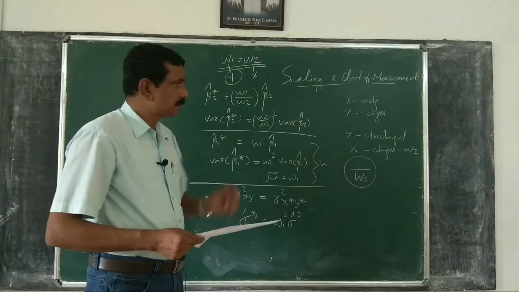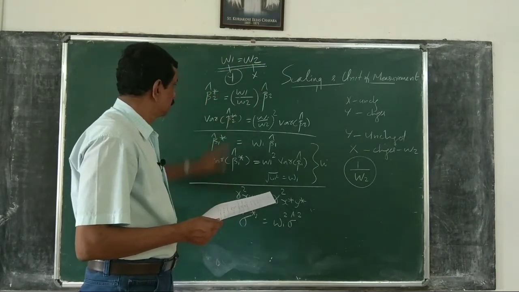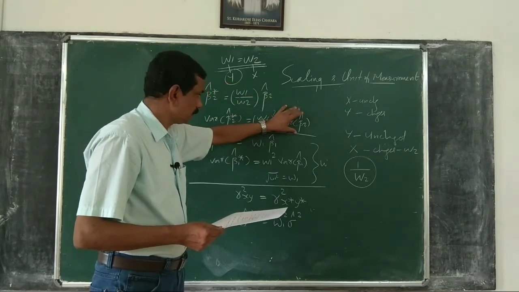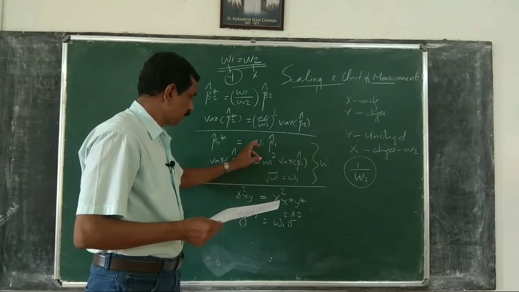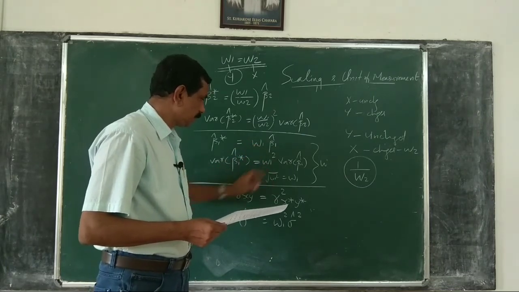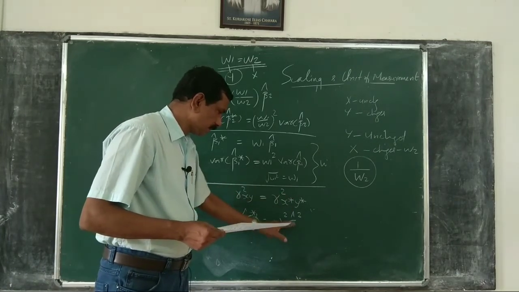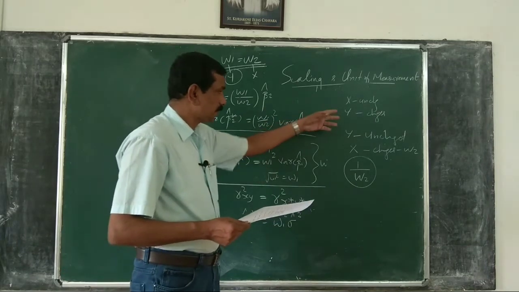So remember this, if W1 is equal to W2, the slope and its standard error remain unchanged, intercept and standard error are multiplied by W1. R square is not affected, sigma hat square is affected by W1 square. If X is unchanged, Y only changes.